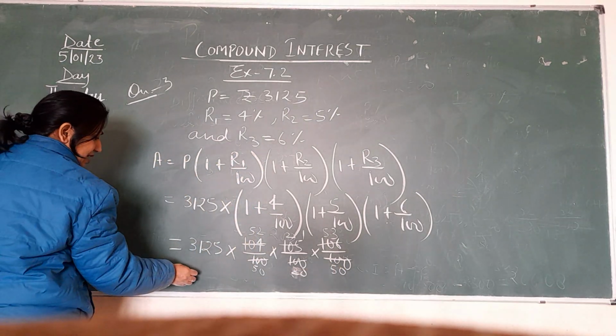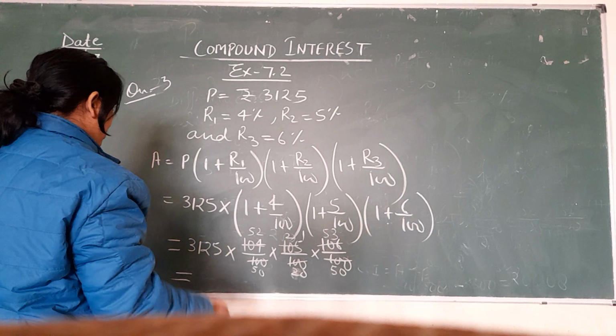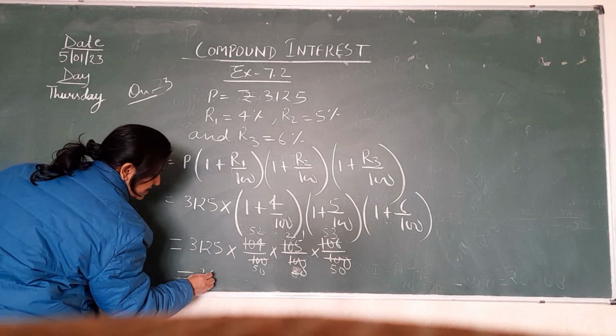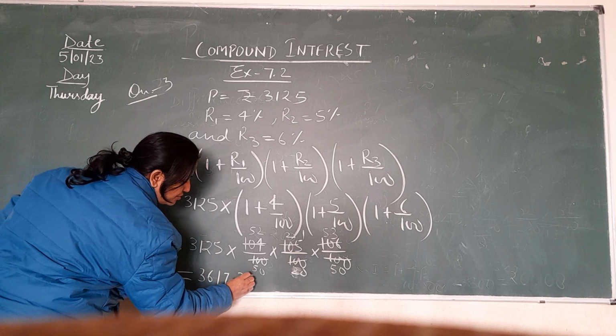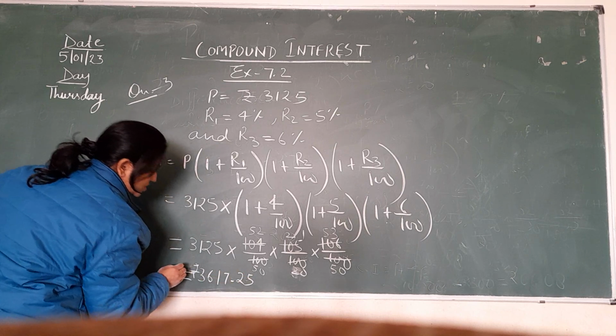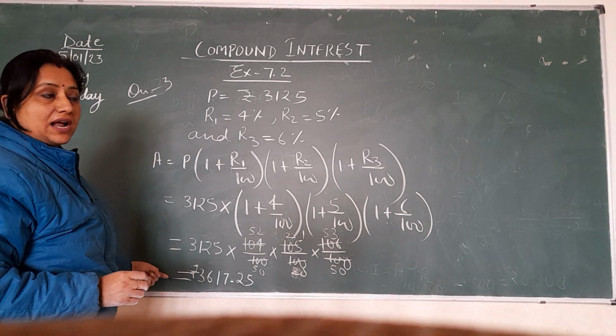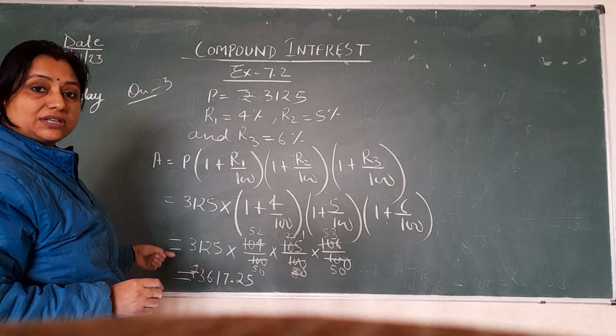So after solving the whole calculation, we will get 3617.25 rupees. Okay, so this is your amount, and according to the question you will find out the CI.